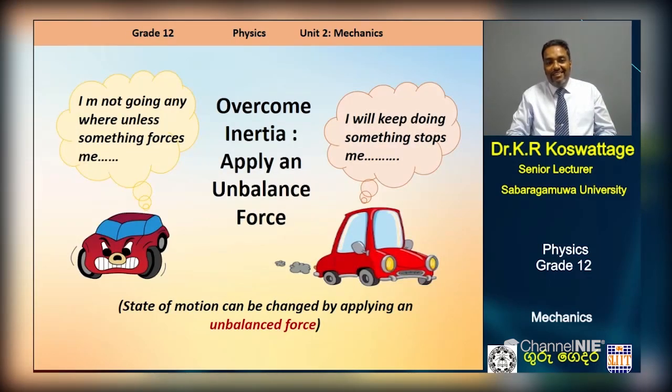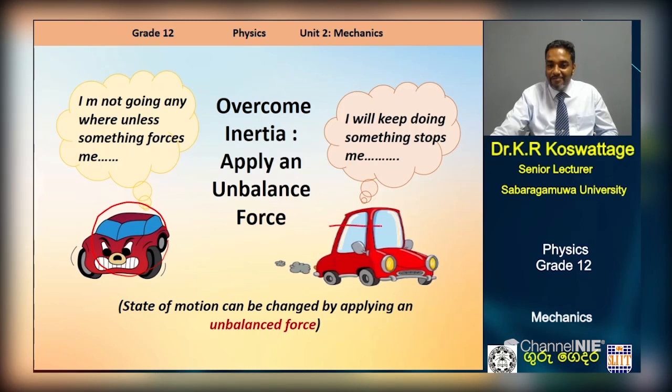So this is again this particular idea of inertia. You can see two cars, and one car is at rest. Here we can say that the car is saying, I'm not going anywhere unless something forces me. And here is a moving car.